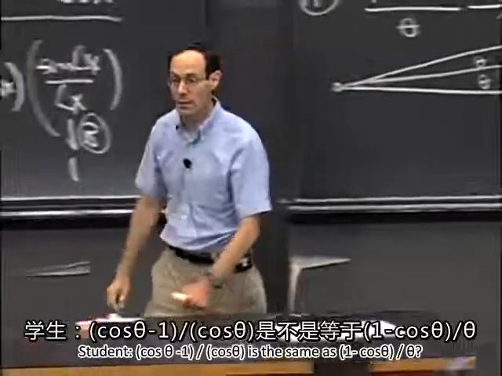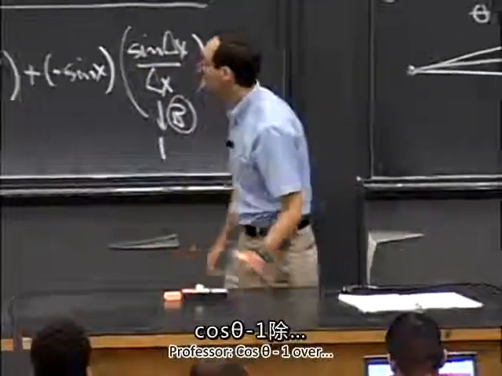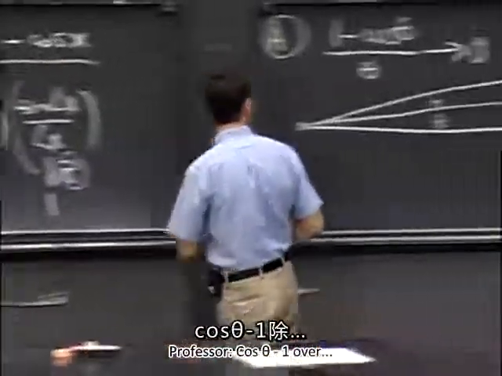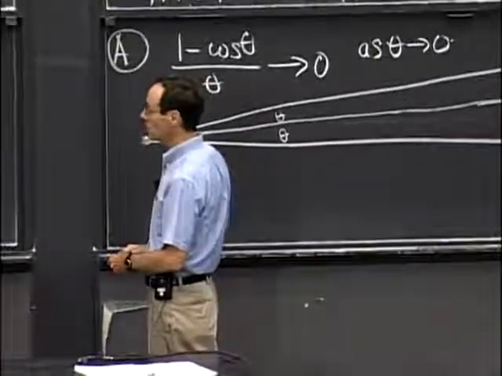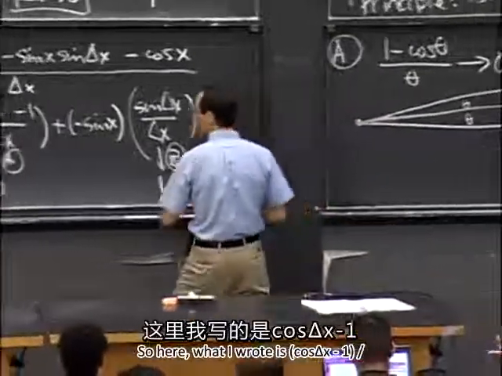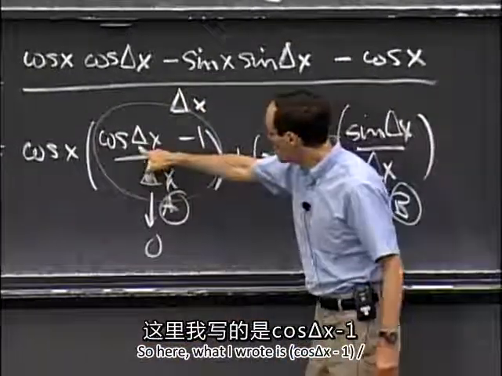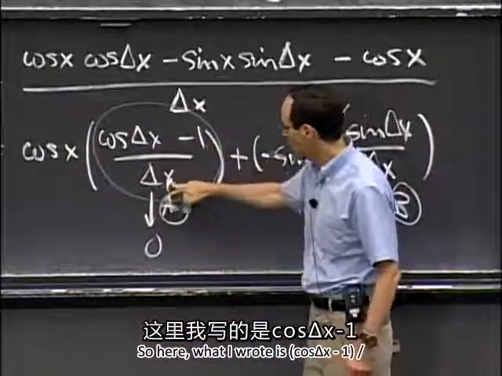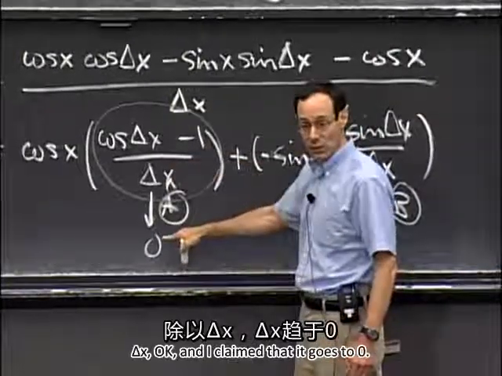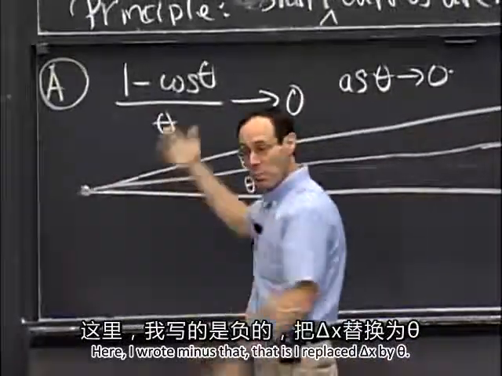Cos theta minus 1 over theta is the same as 1 minus cos theta over theta? The equation that you wrote beside me right here. So here, what I wrote is cosine delta x minus 1 divided by delta x. Okay? And I claim that it goes to 0. Here, I wrote the minus of that.